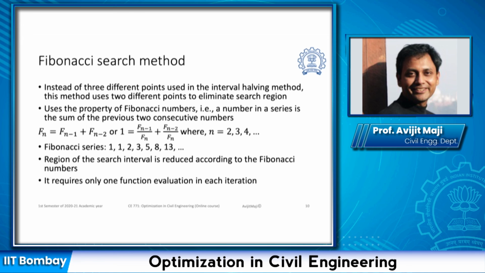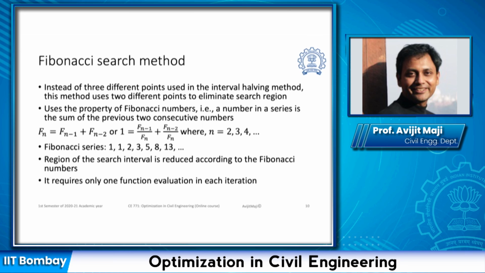Keeping that in mind, we are looking into a method where we use only 2 points to eliminate the search region, instead of the 3 points which we used in the interval halving method.